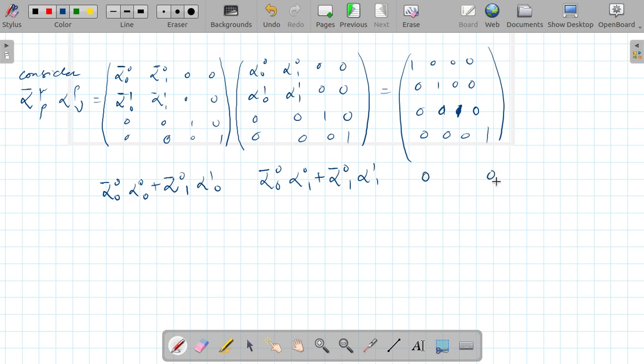Here it is 0, here it is 0, and it is alpha 1 0 alpha 0 0, alpha 1 1 and alpha 1 0.